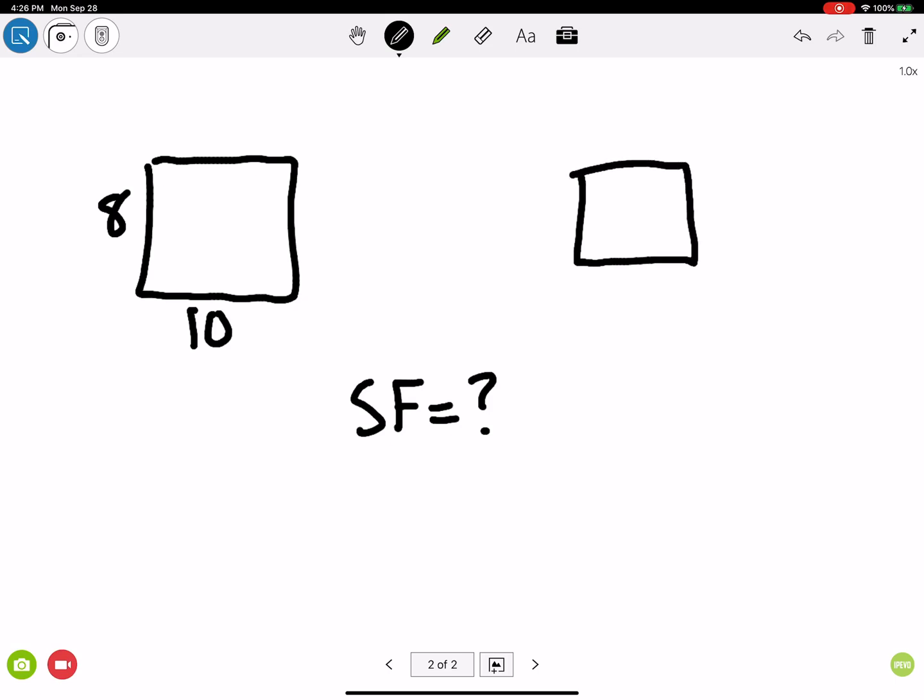You're going to figure it out for me. If I want to go from A to B, what am I multiplying by? What am I multiplying my sides in A by to get my sides in B?